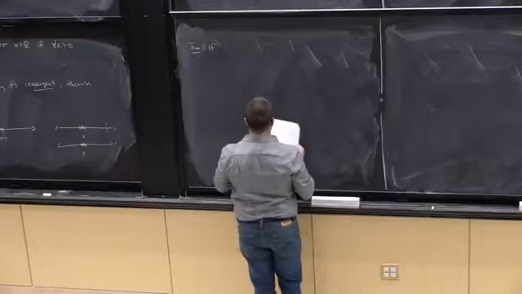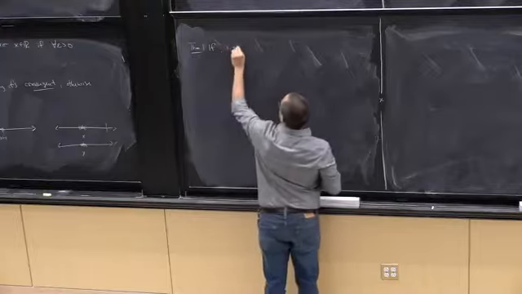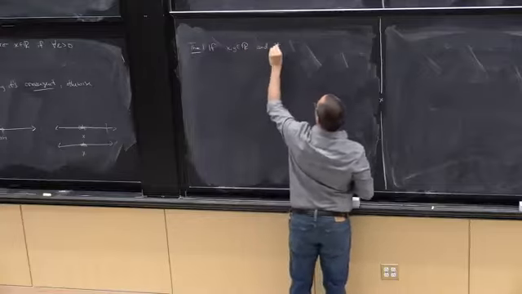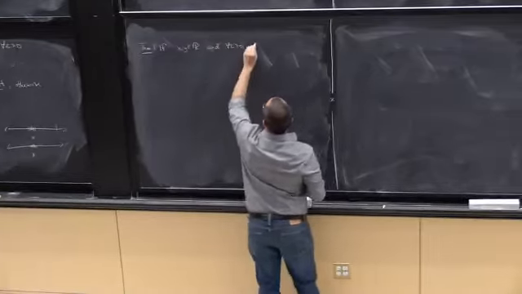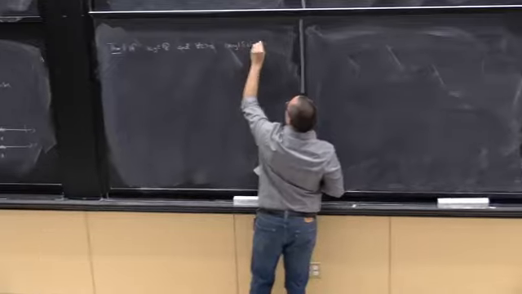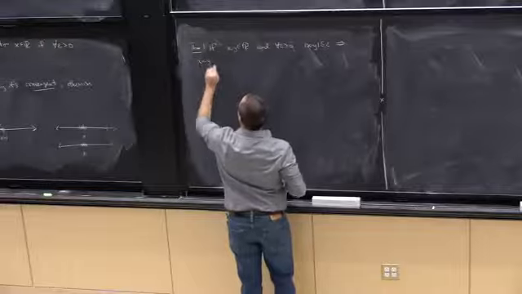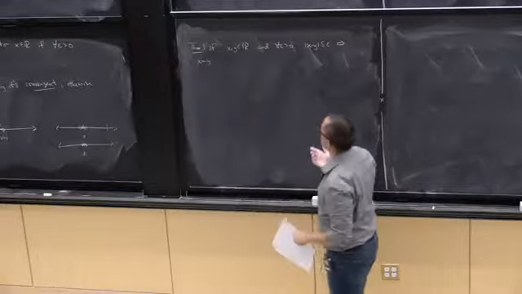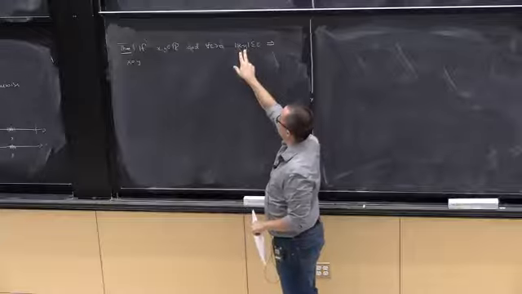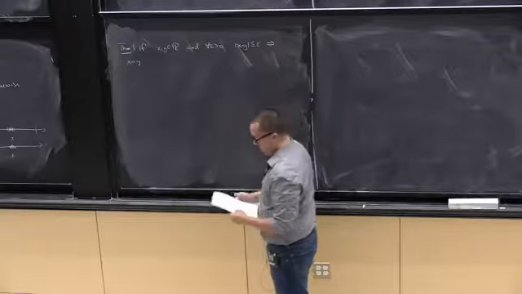So the first theorem is: if x and y are in R, and for all epsilon positive, |x minus y| is less than epsilon, then x equals y. This is not a surprising statement. If I have x and y and the distance between them is arbitrarily small, then they have to be the same thing. Okay?